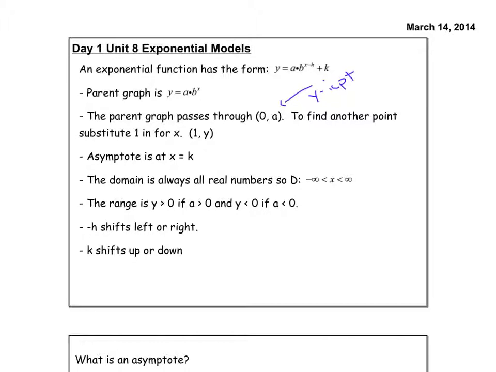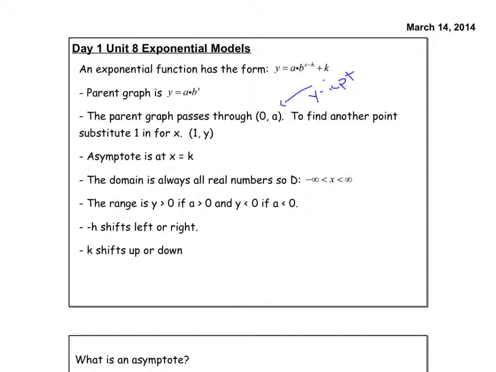Another important feature of an exponential model is called an asymptote. An asymptote is an imaginary line that the graph will approach, but it will never cross. We'll be looking more at asymptotes coming up. The domain is always going to be all real numbers. So if you were asked to find the domain of an exponential function, it's always going to be from negative infinity to infinity.